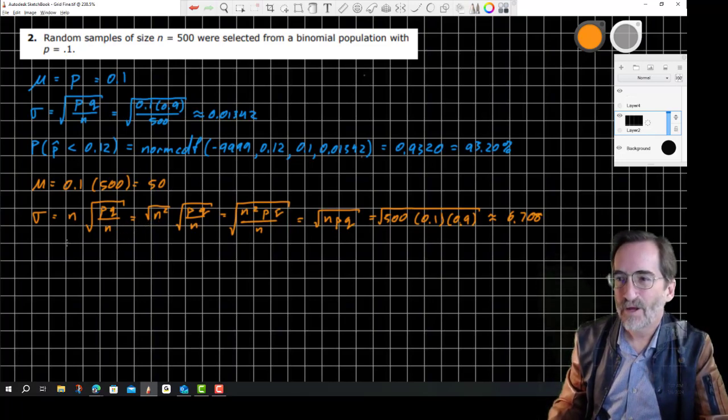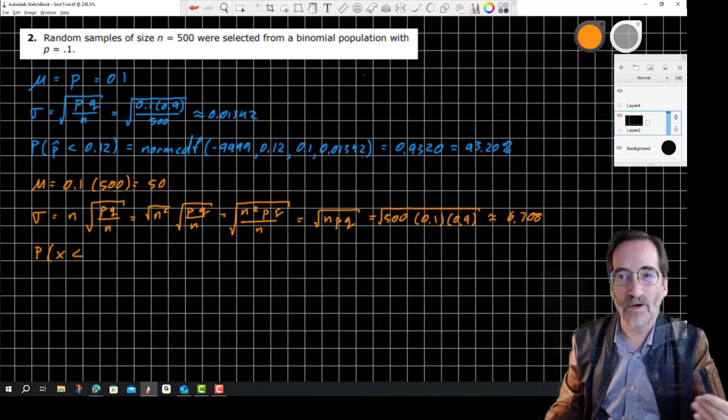All right. So here we go. Let's go ahead and do this just like this. Oh, and we also need to scale up our p hat value of 0.12, and I'm going to call it x bar instead because it's the mean, or just x. What is the probability that x is less than, and I need to scale 0.12 up.